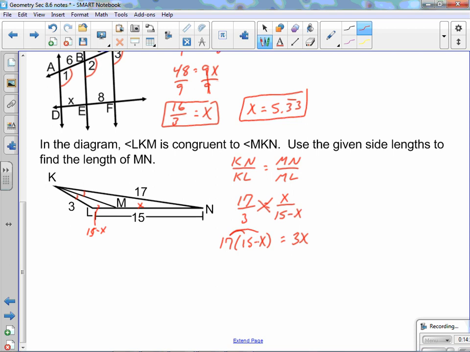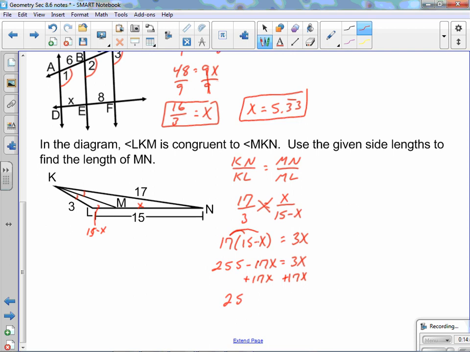And 17 times 15 is going to be 255. 17 times X is 17X. 255 minus 17X equals 3X. Add 17X to both sides.